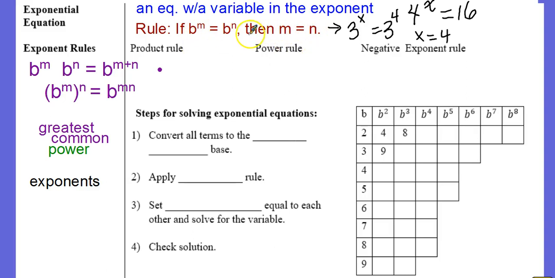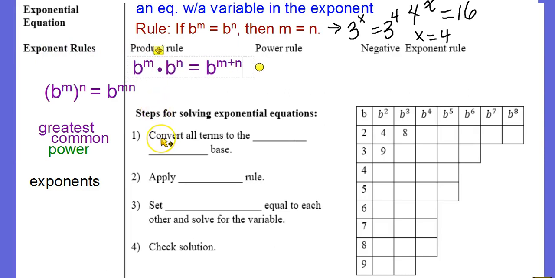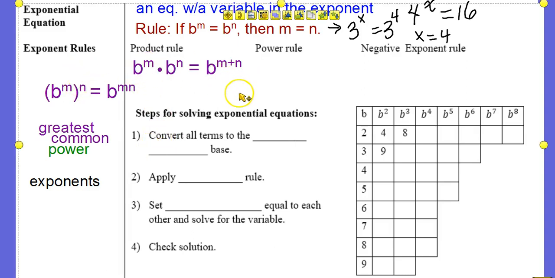And then if we can't do this, then we have to go to our calculator and do other things to find the answer. Okay, we will be using these rules. The product rule. Remember that the product rule says if I'm multiplying two bases that are the same, I add their exponents.